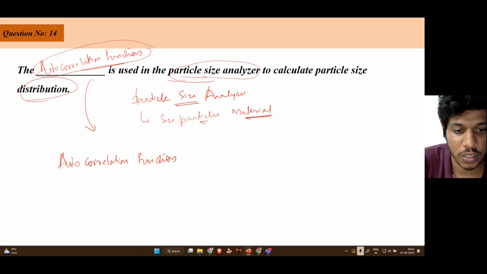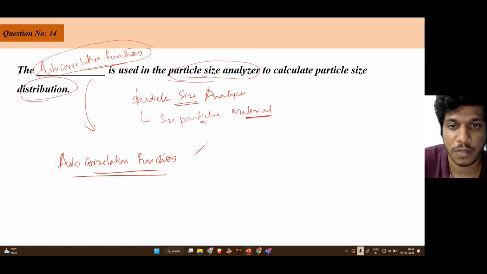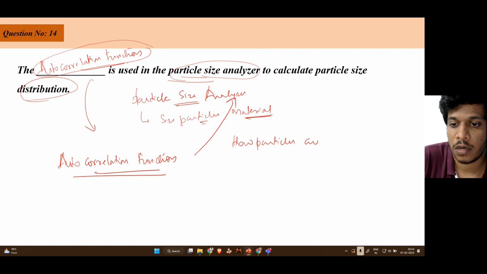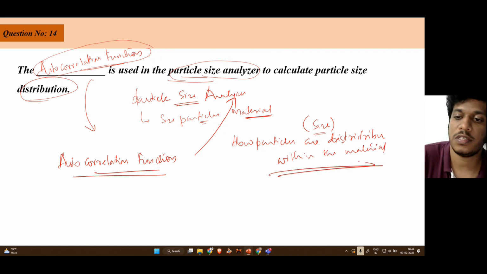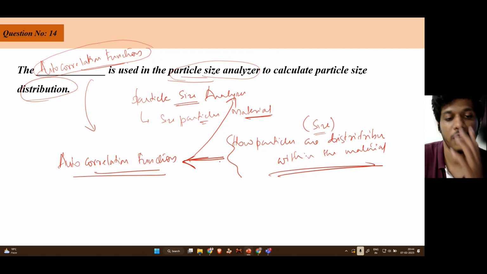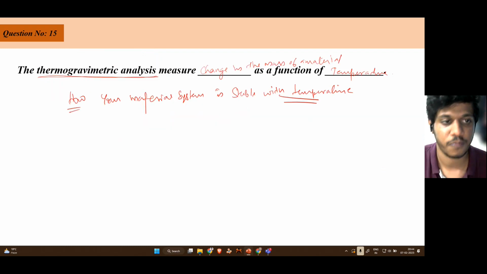The autocorrelation function is generally used in a particle size analyzer to get an idea of how particles are distributed, considering their size, within the material. So this information can be obtained by calculating the autocorrelation function. We'll be learning more about this in the upcoming lectures.